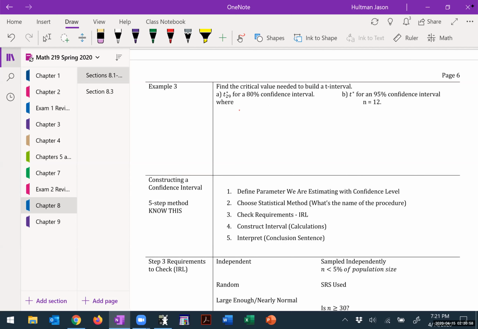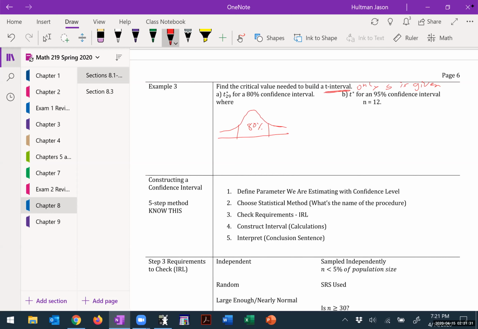So to build a t interval, only s is given, and we want a t confidence interval this time. So t star of 29 gives me some sort of curve, a family of curves, and I want 80% in the middle.